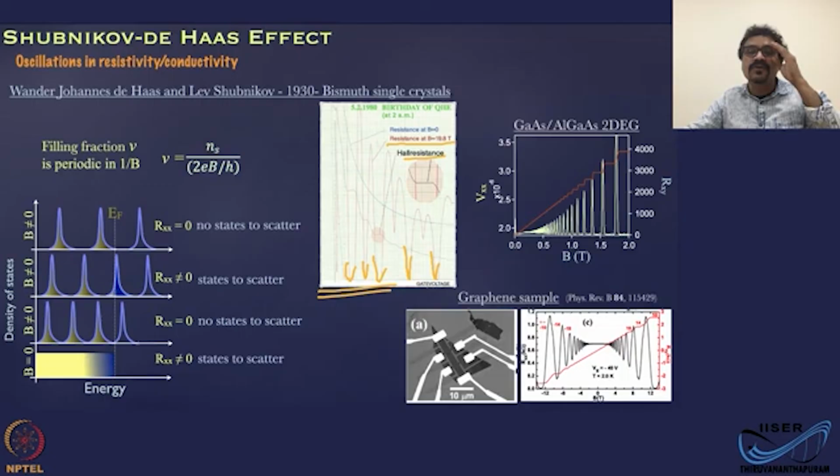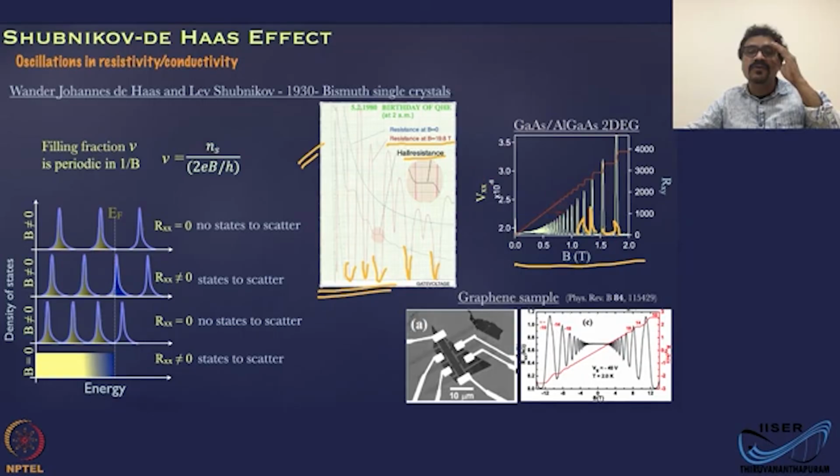This is for the silicon MOSFET as a function of gate voltage, and this is for a gallium arsenide device where you can see this curve. There are oscillations like this here also. Okay, that is the Rxx part, which is nothing but Vxx divided by the current through it. So what you're seeing is an oscillation in the Vxx, which is an oscillation in the Rxx.